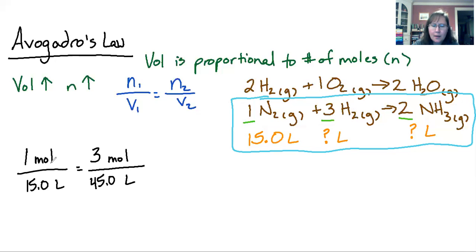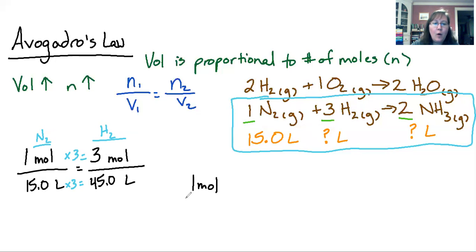Does that make sense? What I've done here is I said, oh, well, 1 times 3 is 3, therefore 15 times 3 is 45. So if 1 mole is 15 liters at the temperature and the pressure that we're at, then we need 45 liters of our hydrogen. And we can do it again.